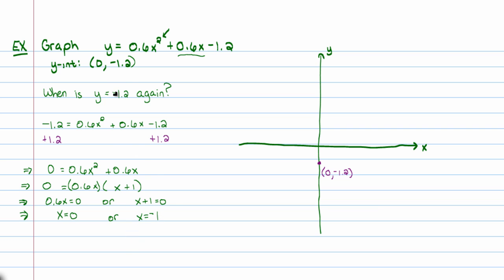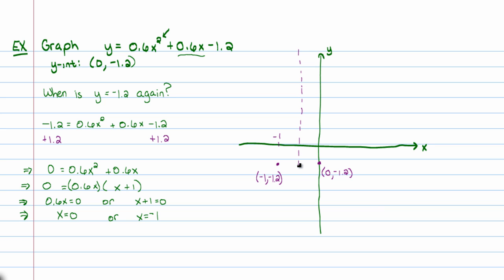So I'm at that height of -1.2 when I'm at 0, which I already wrote in there, or when I'm at x equals -1, which I'll write here. So this is x equals -1, y equals -1.2. So those are my symmetric points. Halfway in between must be my axis of symmetry.